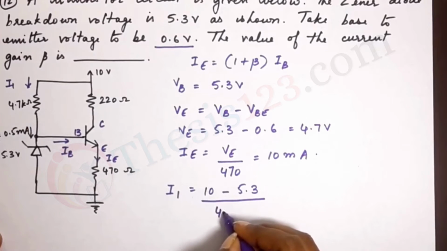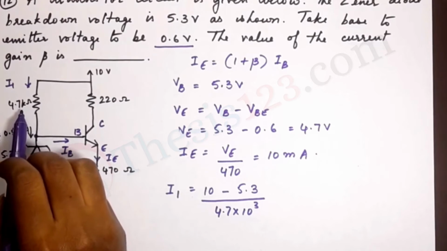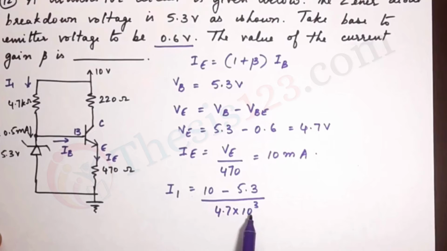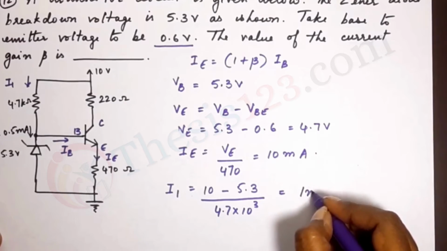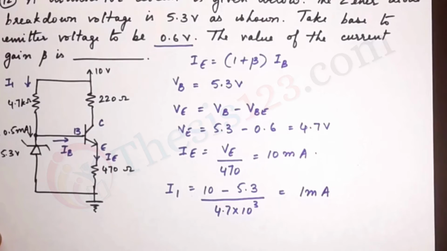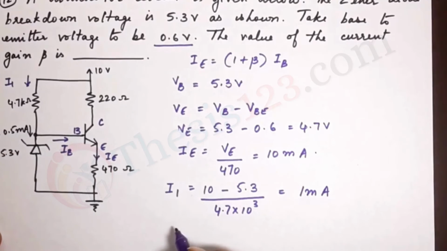So that would be 4.7 into 10 power 3. Be very careful with your units. So that's 4.7 K, and that would be 4.7 into 10 power 3. So if we solve this, we'll get 1 milliamp. So I1 is 1 milli, I2 is 0.5, so we will be able to find out what IB is.